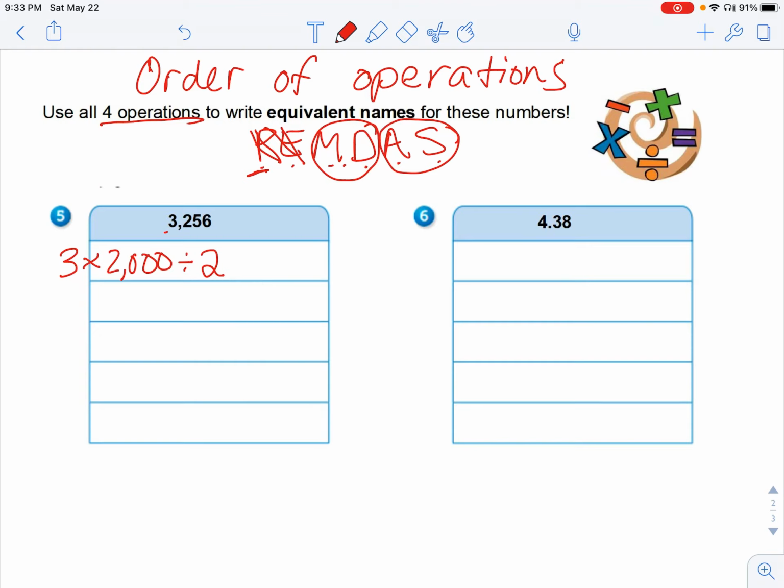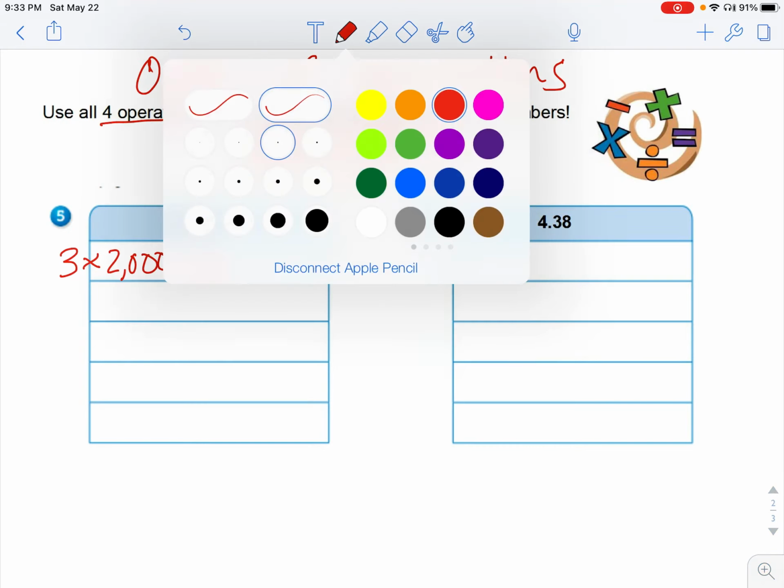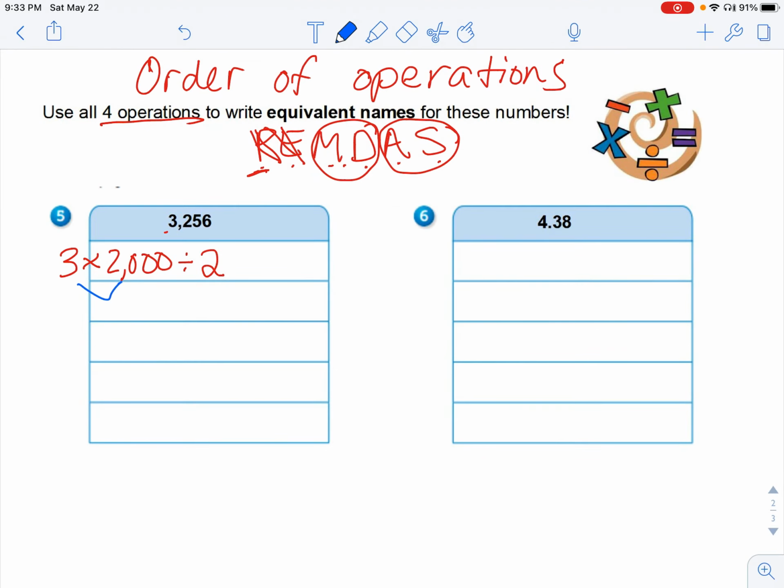Well, what if I'm at 3,000 through all of this, right? This was 6,000, divided by 2 brought me to 3,000. So now I can think, okay, let's add 300, or sorry, let's add 260, and then just take away 4.